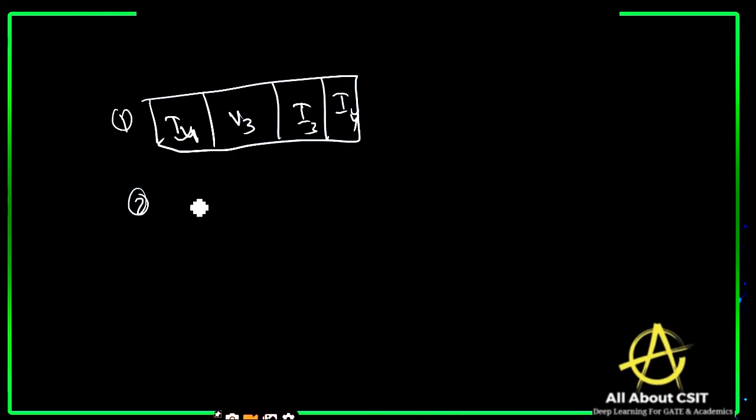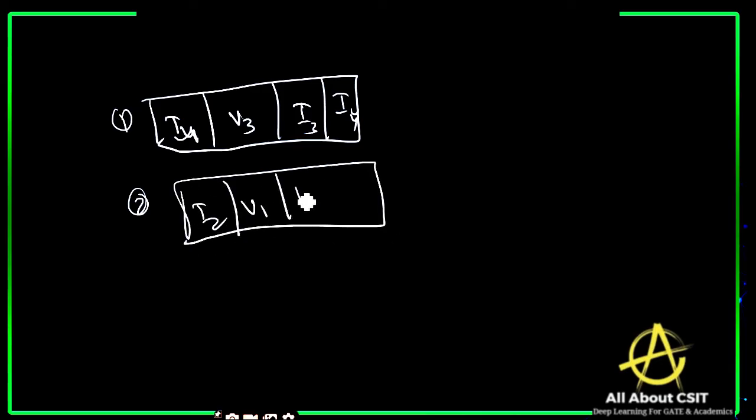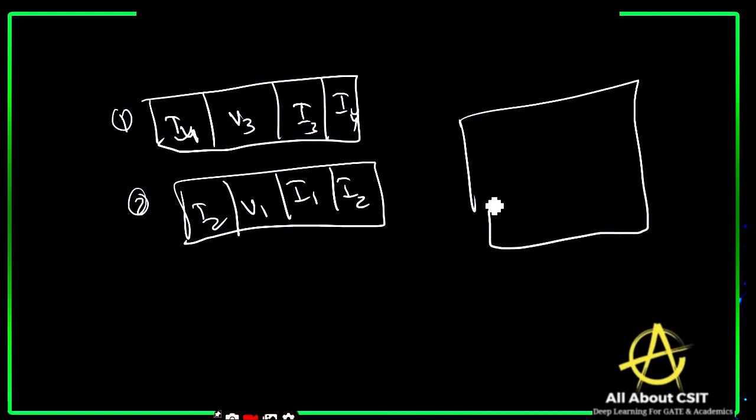The second one starts with I2, V1, I1, I2. So these are the clipped parts that you got.